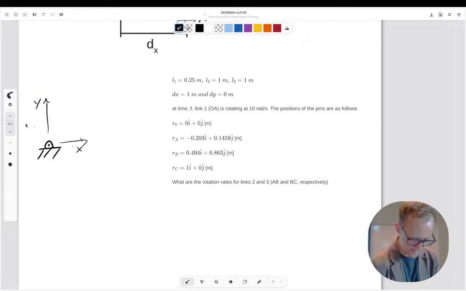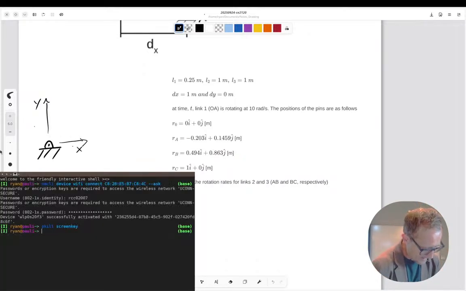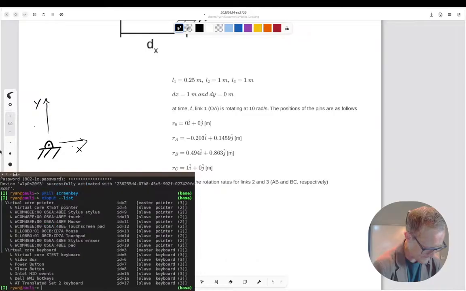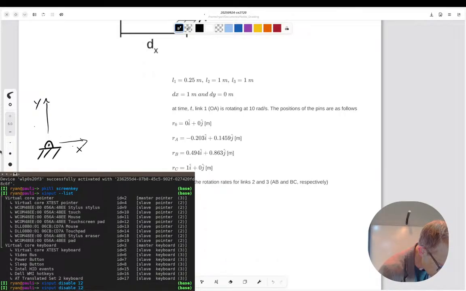Oh my God, the X input. No, I need 12 and 10.